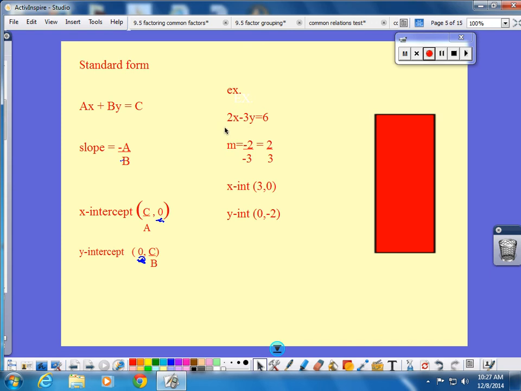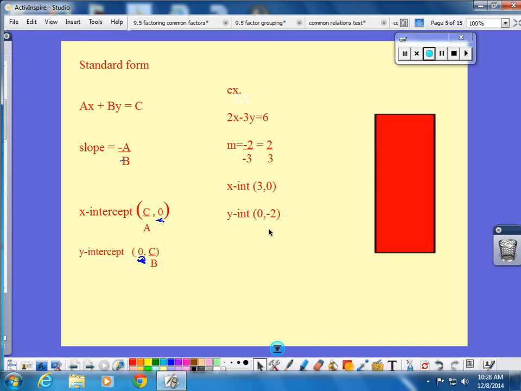Negative A over B, negative 2 over negative 3, is a negative over a negative, a positive. With the x-intercept, C over A, 6 over 2 is 3. With the y-intercept, C over B, 6 over negative 3 is negative 2.